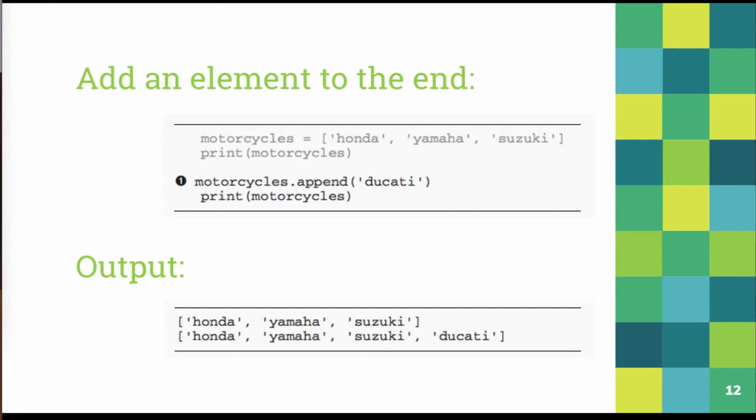But let's say you want 4 elements in your list. Here's a new method for you. Append. So you put the name of the list, motorcycles, dot append, and then you put the item in parentheses that you want to append. In this case, it's a string, so I make sure that I have it in quotes.